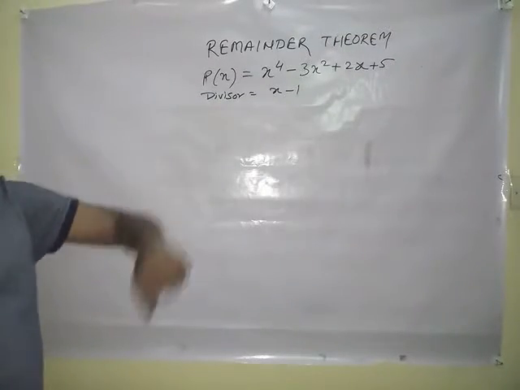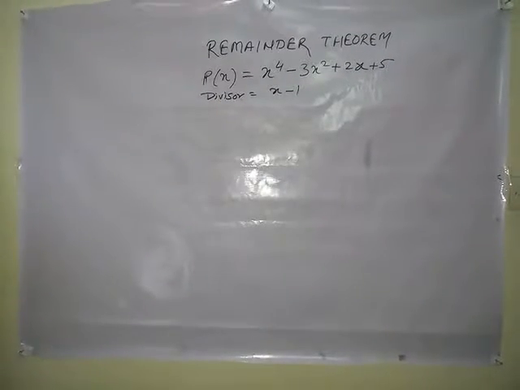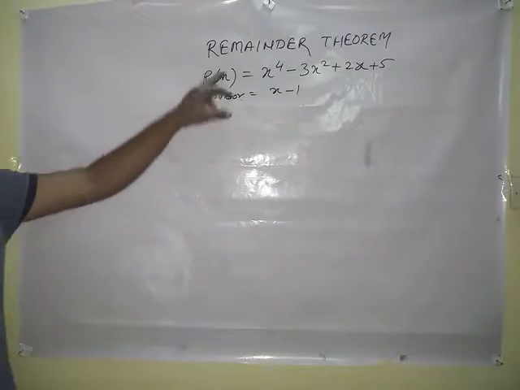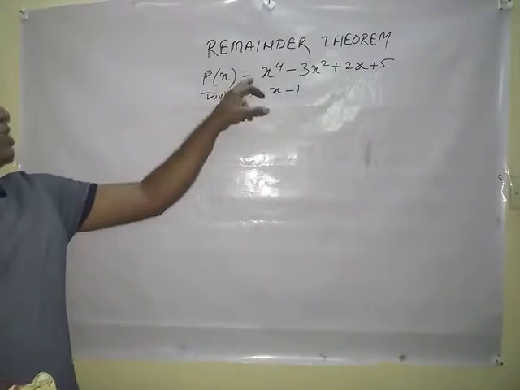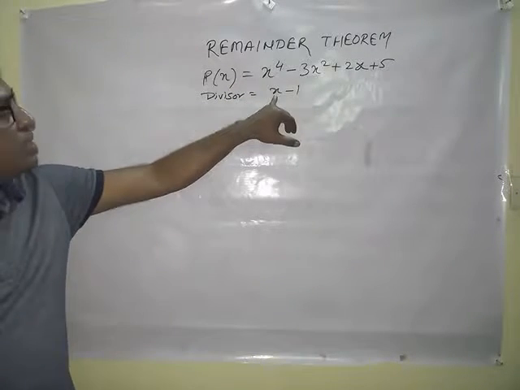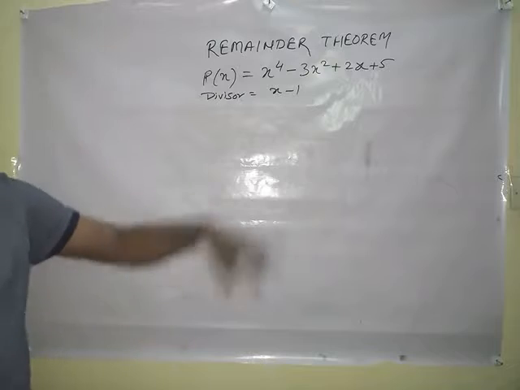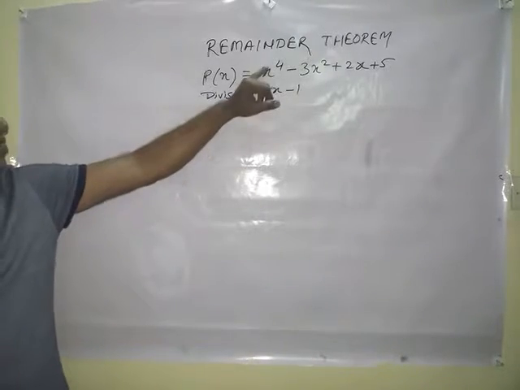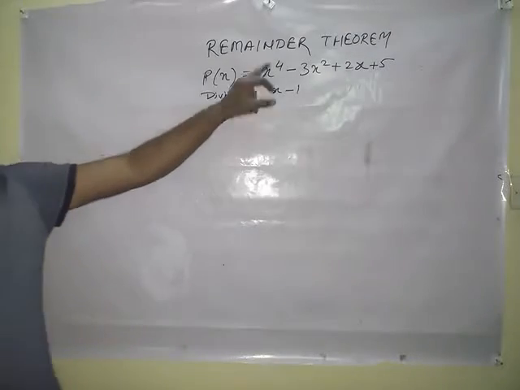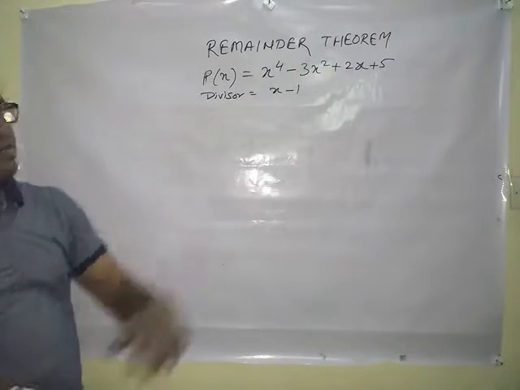This equation is divided by this. There are long methods by which we can find out the remainder for this equation, or we can find out whether this is really a factor of this or not. If it is a factor of this equation, then remainder will become 0. If it is not a factor of this equation, then there will be some remainder.